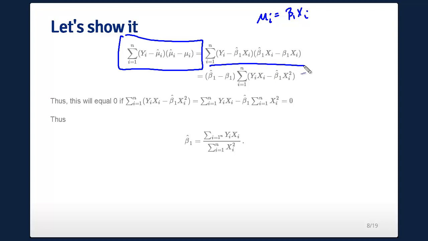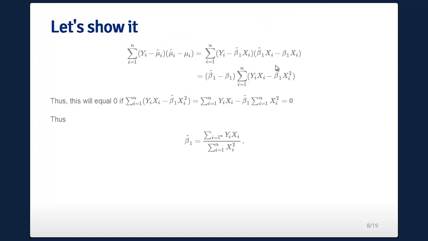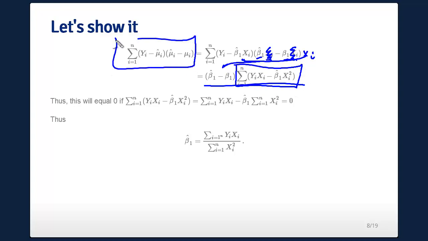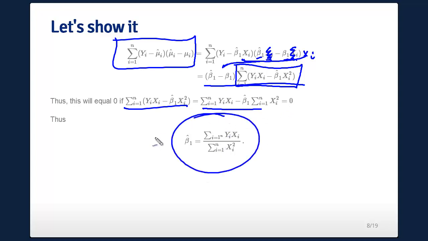Then we can factor out an xi. Then we have a beta 1 hat minus beta 1, and that can get pulled out of the sum, and the xi can get brought into that sum, so we wind up with this equation right here. So if that equals 0, then this will equal 0. Expanding it out and solving yields the equation that we said was right.